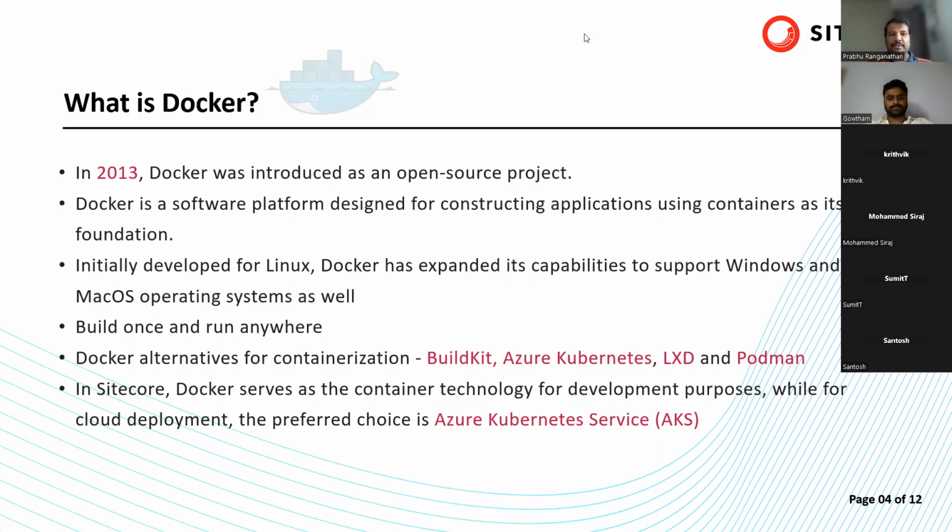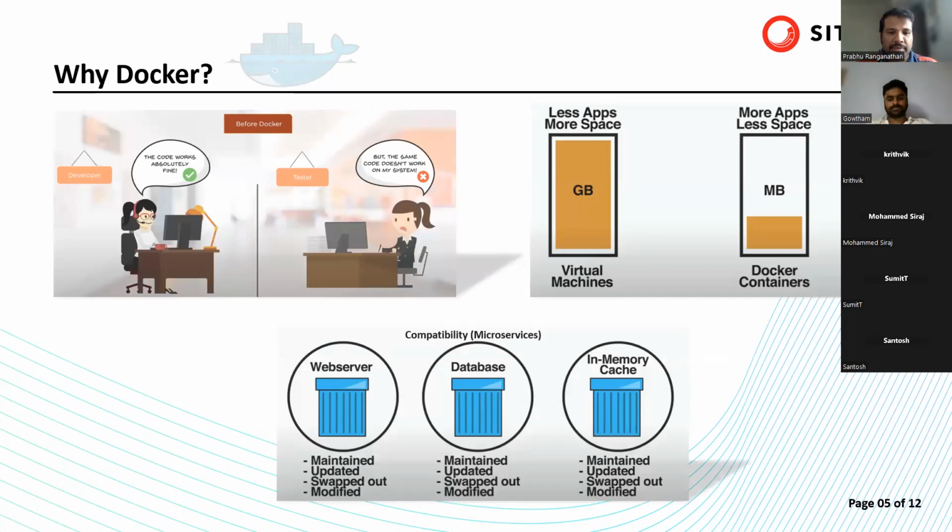The next slide is about why Docker. As I mentioned earlier, it's build once and run anywhere. That is the main concept Docker was introduced for. In the initial stages, when Docker was not there, we would create everything in our development environment, take the code package and application package, whatever it is, and package and deploy it to the respective environment, either a testing, production, or other non-production environment.